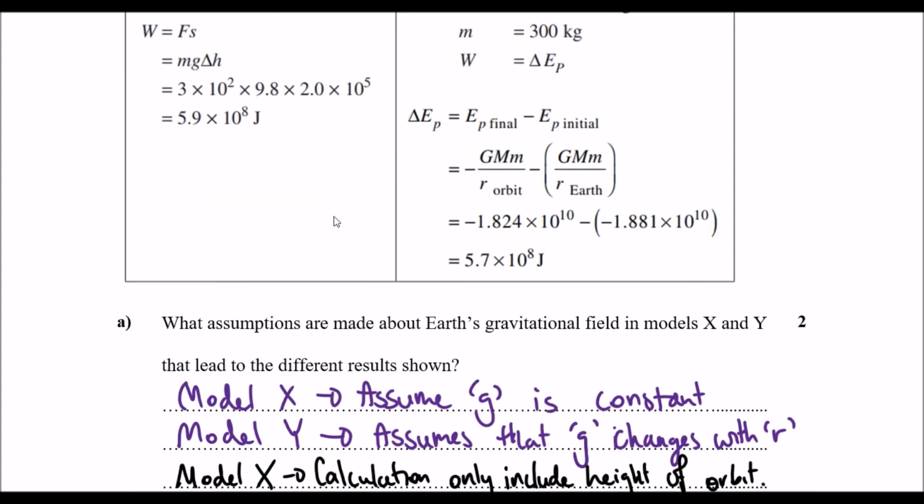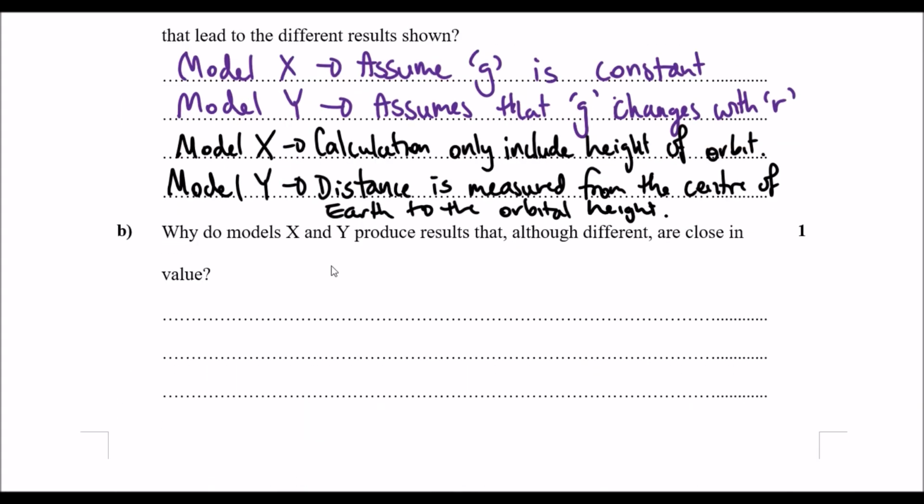But the reason why it works is because both models go into the concept that it's the work done to move one object from one position to another. So the actual logic behind them are actually similar. They actually use the same logic. It's just expressed differently to each other.